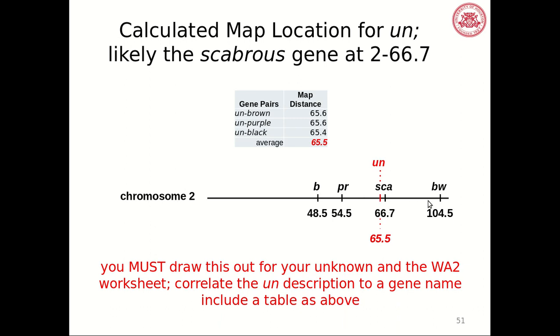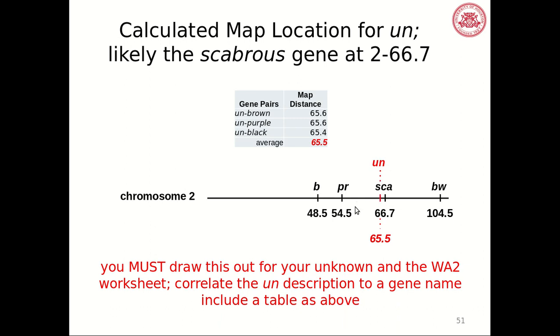I get actually a whole lot when I go with BW. All right, so when I cross unknown with BW, I should be getting lots of these strange flies that I wouldn't normally get under a regular Punnett square. But when I cross it with SCA, I am very close. I should get almost none, maybe none. Here it looks like you got maybe 1-2% or something. Very few flies, so therefore that means you are very close to SCA.